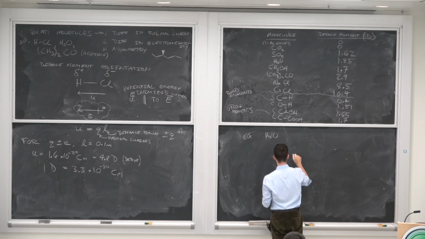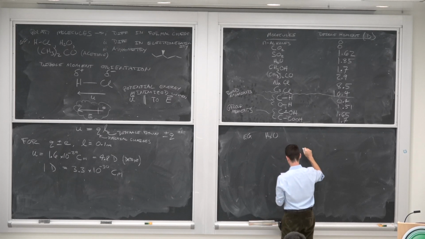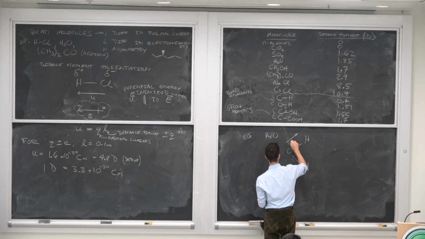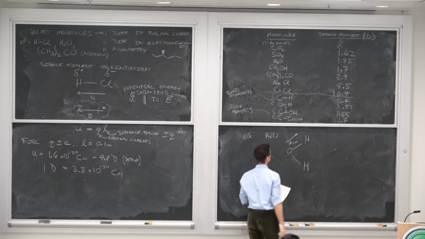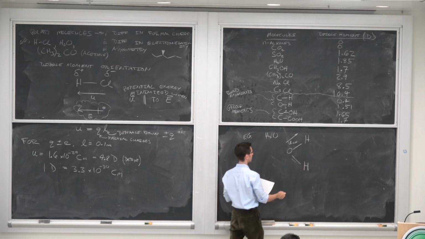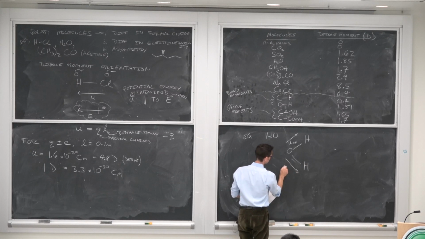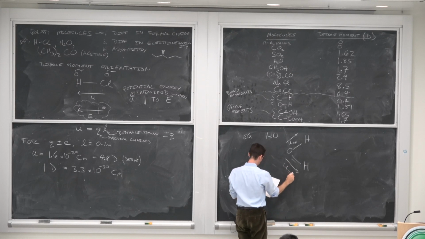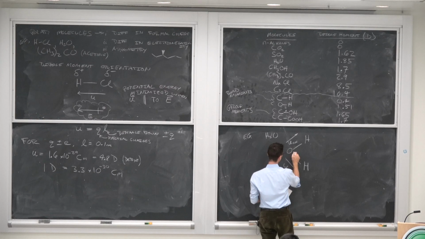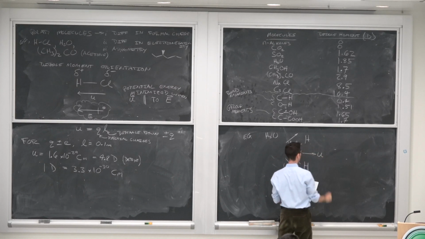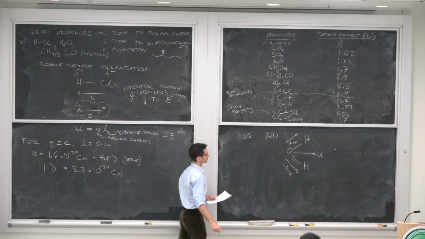If the example is water, we have OH, and we have a bond moment for U of OH this way, and U of OH this way, and we know that the total dipole moment vector goes this way.